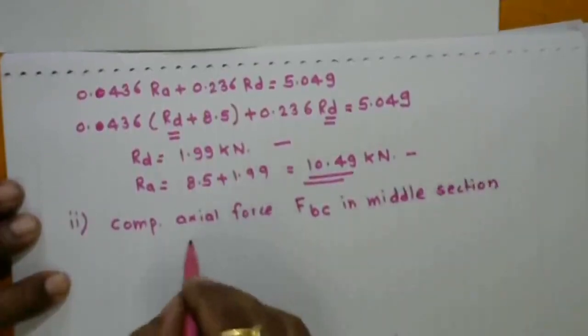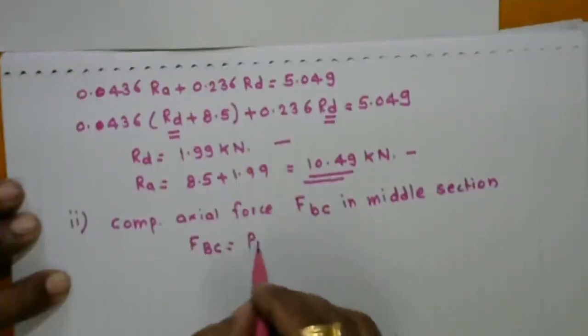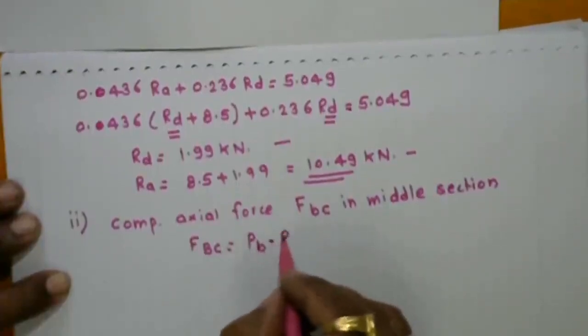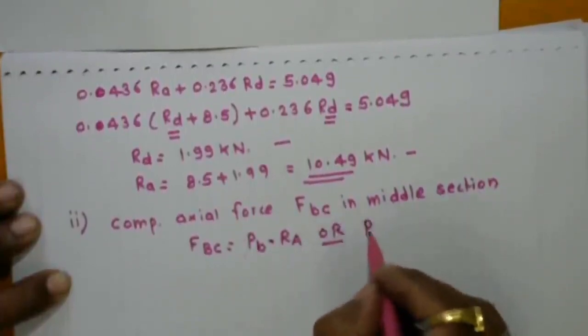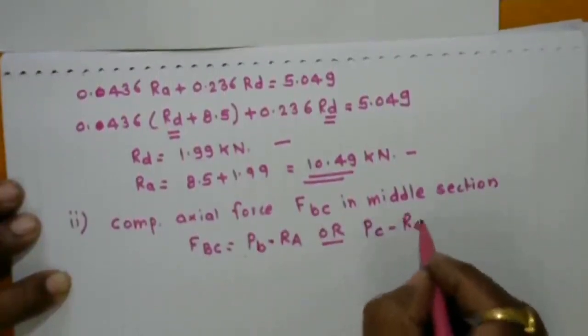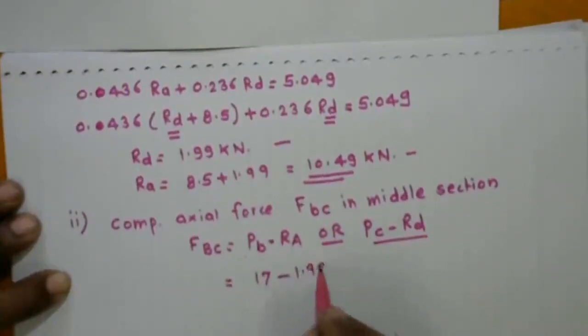So FBC is equal to, you may write PB minus RA, or you may put PC minus RD. If I consider PC minus RD, PC is given 17, RD we already calculated 1.99, so it becomes 15.01 kilonewton. That is our second answer.